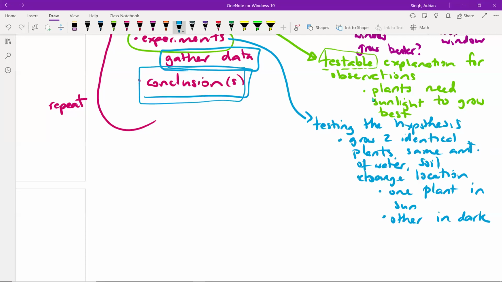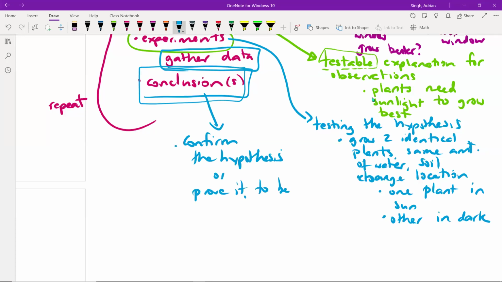And obviously here we can determine that, yes, indeed, sunlight is necessary for the proper growth of plants. And then as a result, these conclusions will allow us to confirm the hypothesis, or we can prove it to be false.